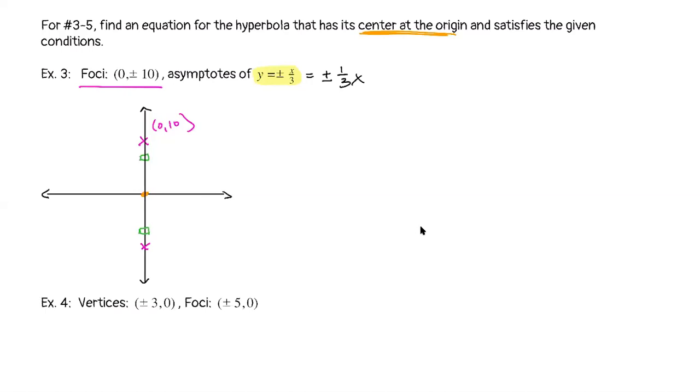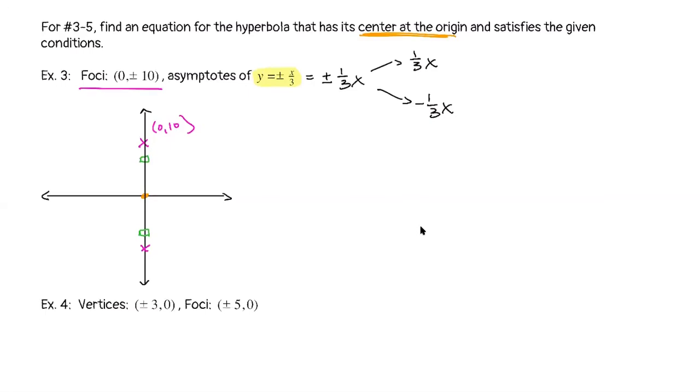Okay. Now from here, how do we start to draw these asymptotes? Start at the origin. Let's even split these up so I know that I have one asymptote that's 1/3 x and the other one is negative 1/3 x. And so if I draw that from my center, I'm going to go up 1 over 3, up 1 over 3, and I'm going to keep going until I get to a point that is on the same y value as my vertex, okay?